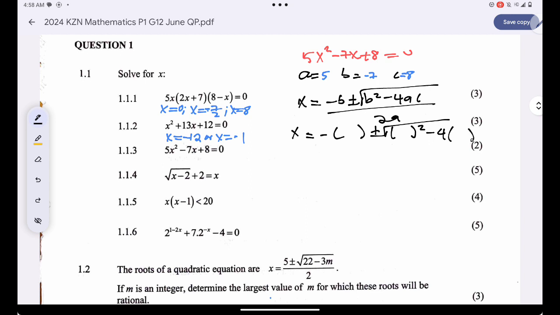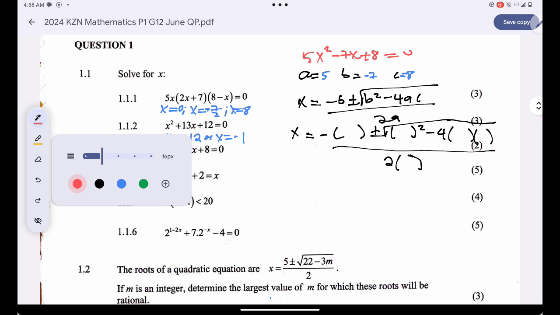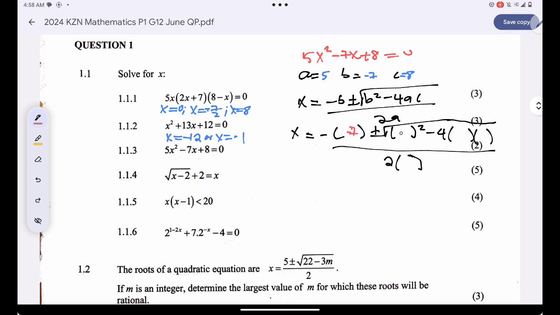Okay, b is equal to negative 7, a is 5, and c is 8.